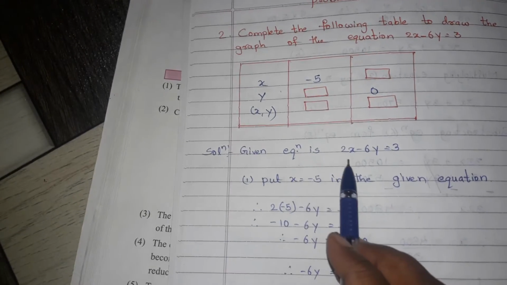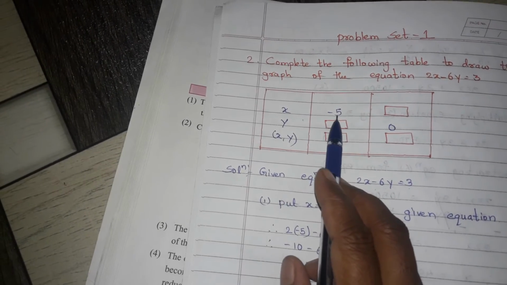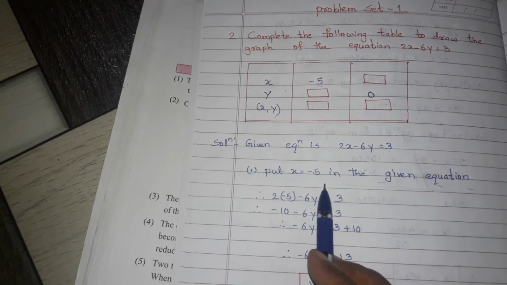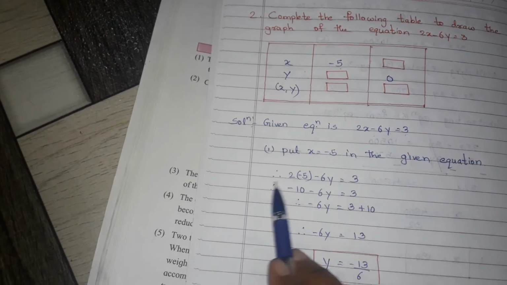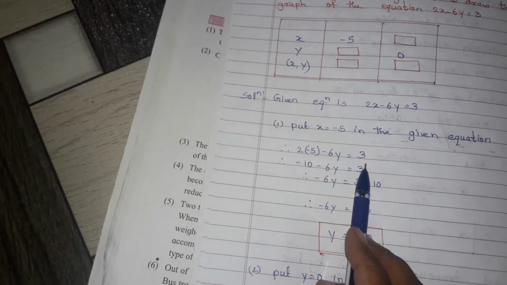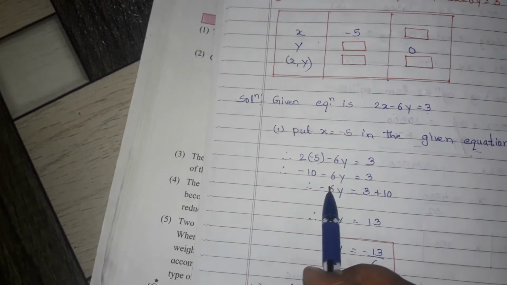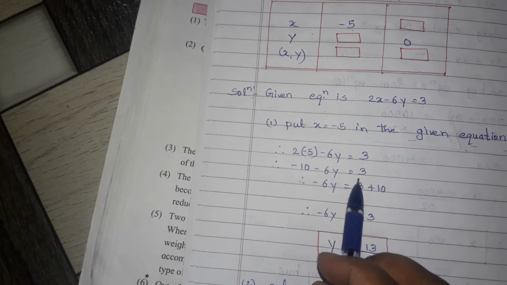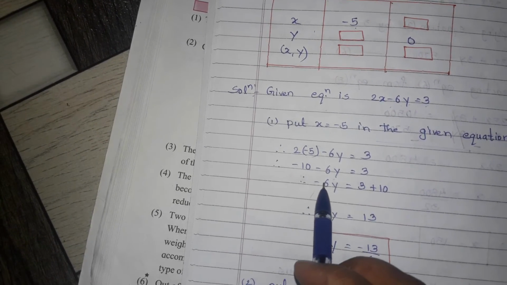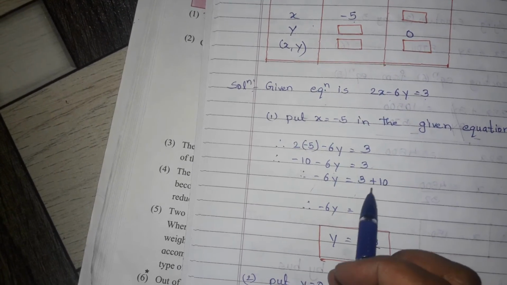Our given equation is 2x minus 6y is equal to 3. In the first one, x is given as minus 5. So put x is equal to minus 5 in the given equation. Then we get 2 multiplied by minus 5 minus 6y is equal to 3. If we multiply these two, we get minus 10 minus 6y is equal to 3. Then change this minus 10 to the RHS side. Negative will become positive.